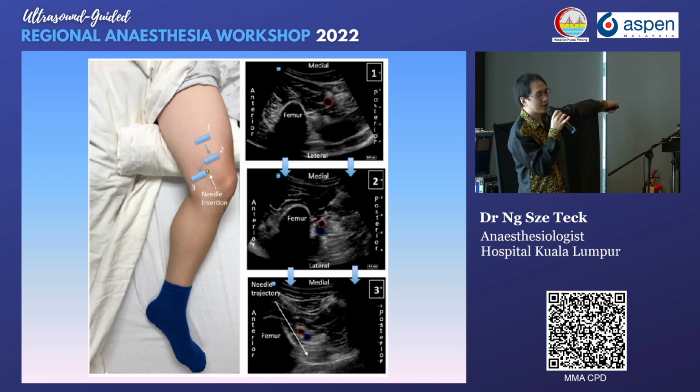This is the transition from the adductor canal to the adductor hiatus to the popliteal fossa. So you move your probe in this direction, transiting from the adductor canal down to the popliteal fossa. Then you inject between the popliteal artery and the femur. Okay.